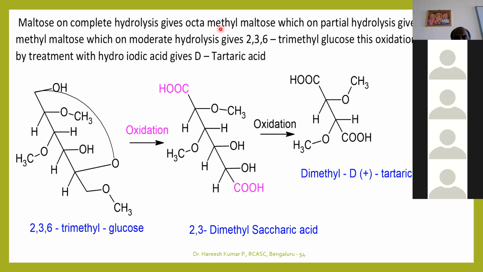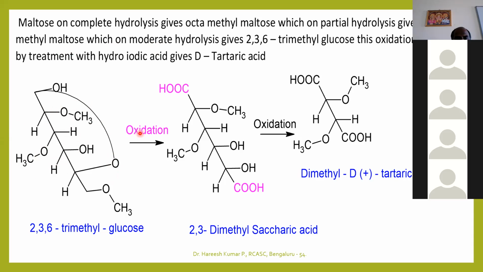So this octamethyl maltose on partial hydrolysis, only at the anomeric carbon atom, gives heptamethyl maltose. This heptamethyl maltose on moderate hydrolysis gives 2,3,6 trimethyl glucose.